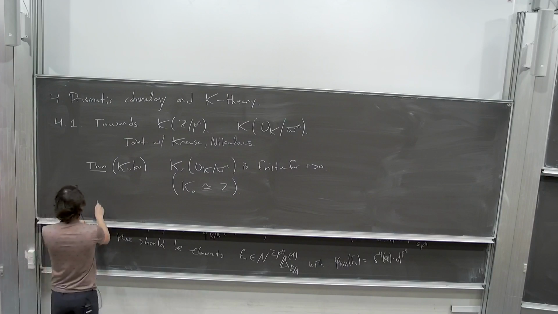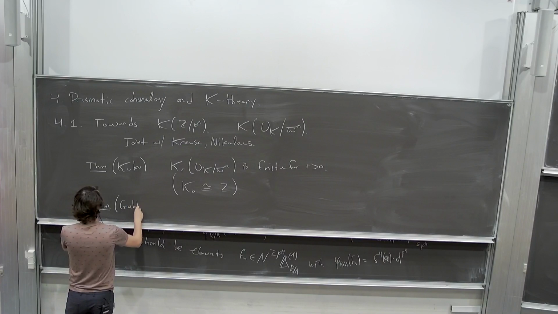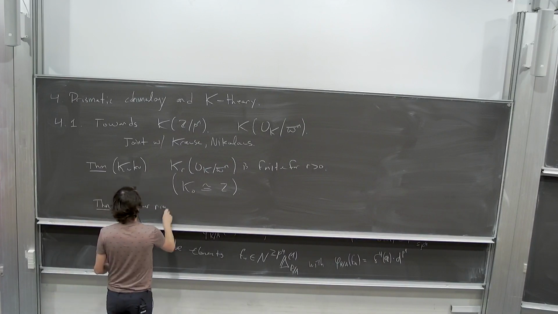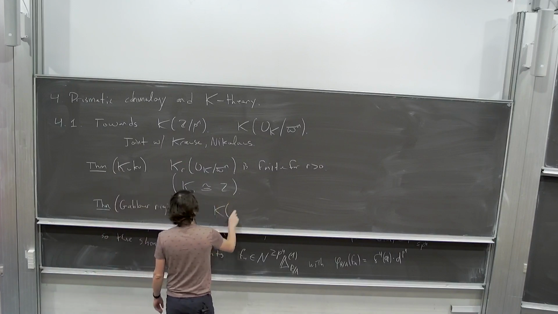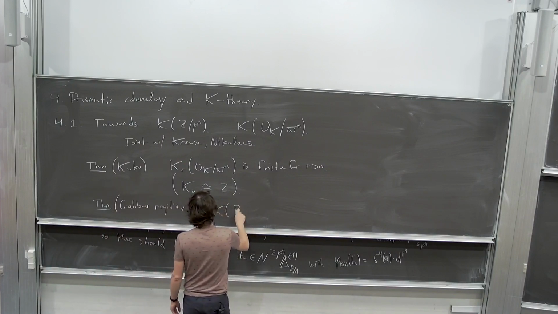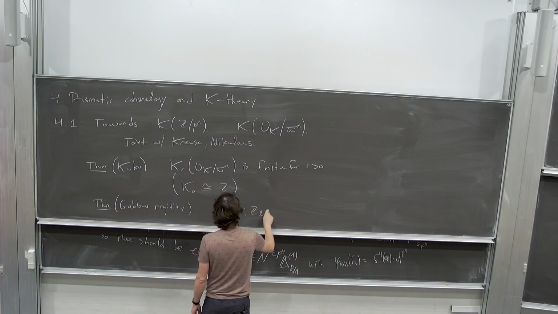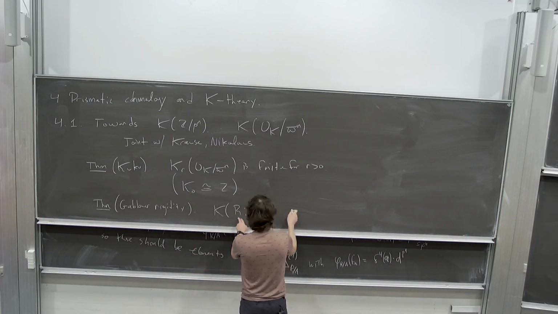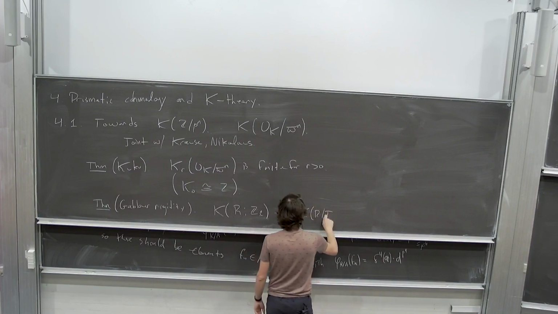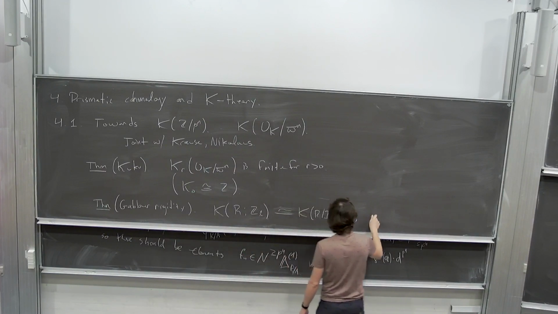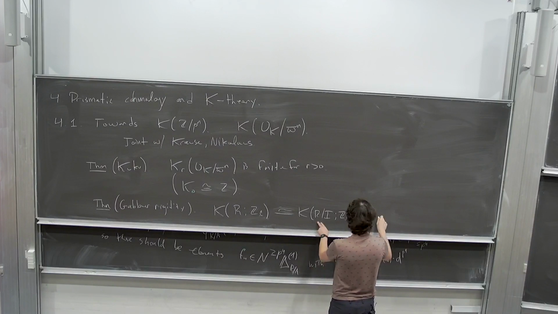Okay, what's the next theorem? Some of this is going to be background on K-theory. The next is Gabber rigidity, which says, more generally, that there's an equivalence between the K-theory of R and the K-theory of R mod I with ℓ-adic coefficients when (R, I) is a Henselian pair.